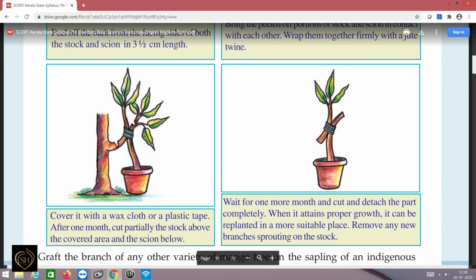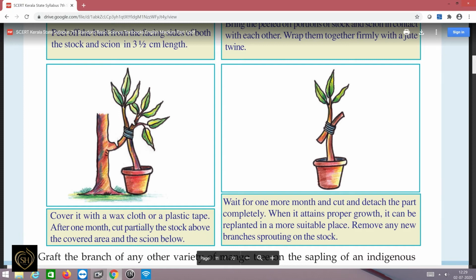When it attains proper growth, it can be replanted in a more suitable place. From the pot you can plant it into the soil. And remove any new branches sprouting on the stalk. You don't want the stalk plant branches. We want only the scion branch.